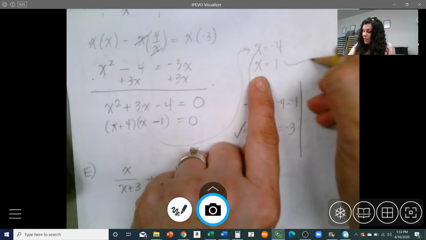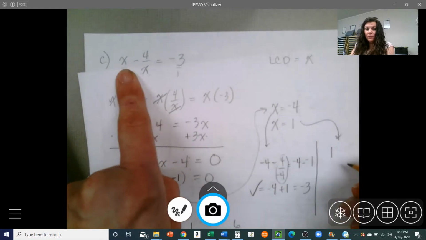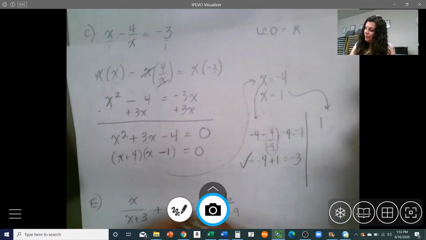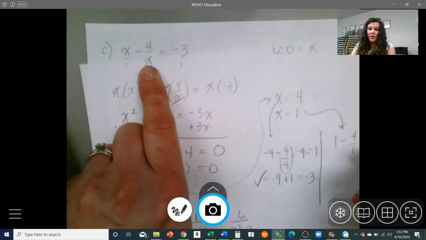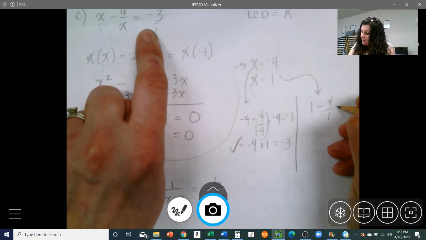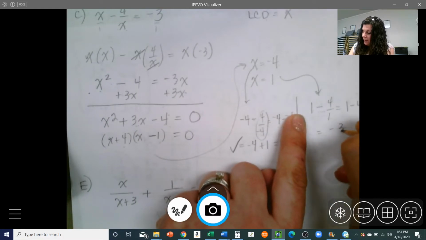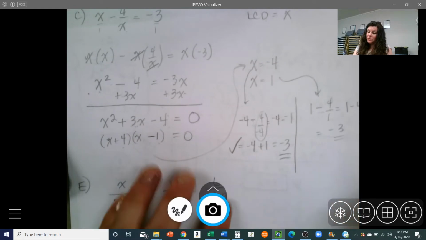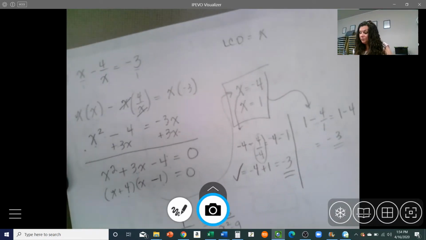And I need to check x equals 1. So 1 for x minus 4 over 1, substituting x. So that's 1 minus 4, which is negative 3. So both of them worked. Both of them got me answers. So these are indeed my answers, negative 4 and 1 for x.